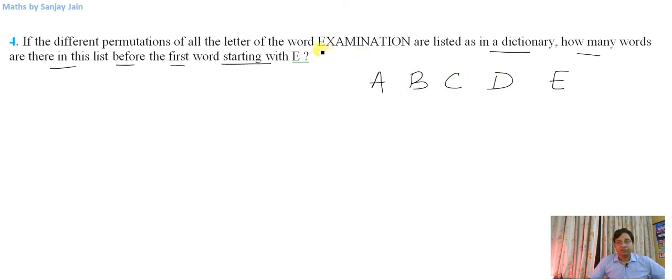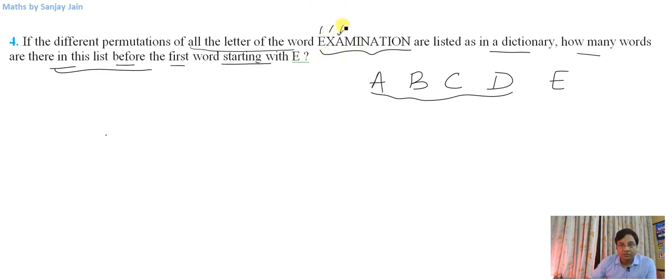So in this word examination, out of A, B, C and D, I've got A, that's it. I haven't got B, C or D. So I just have to find the number of words starting with A using all the letters of the word examination. So let me count these first.